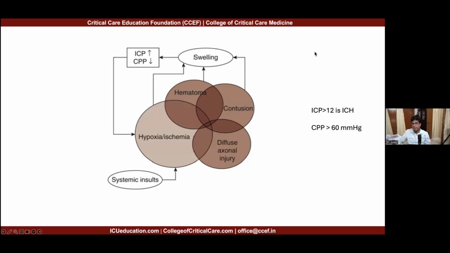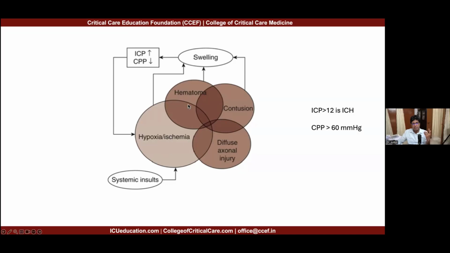Just a second. So what happened there, on the trauma side, the patient may have a hematoma, a contusion or diffuse axonal injury, plus hypoxemia, because the patient may not be able to breathe at the accident site. These are systemic insults which can happen.